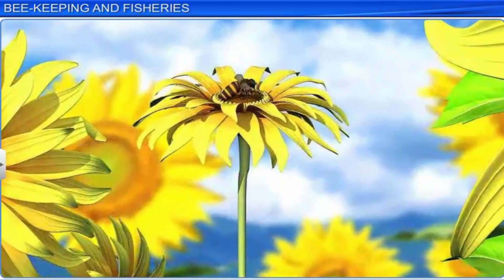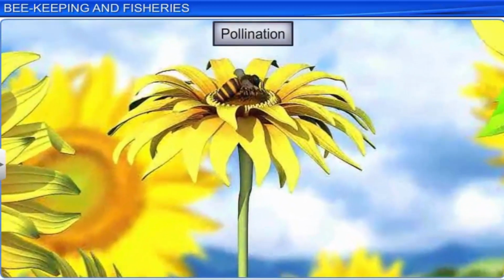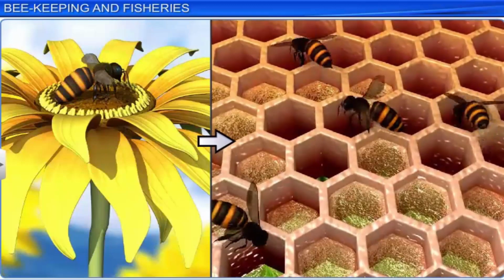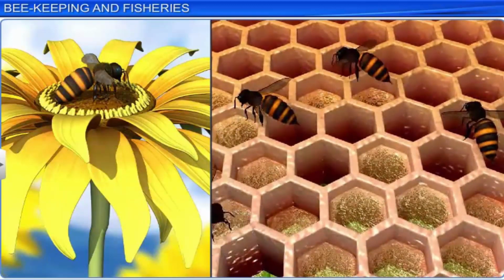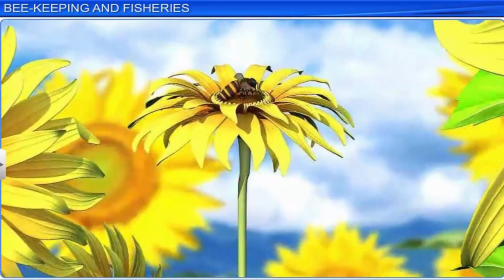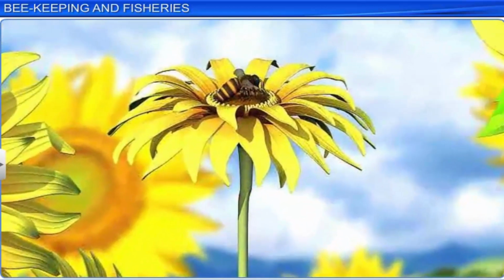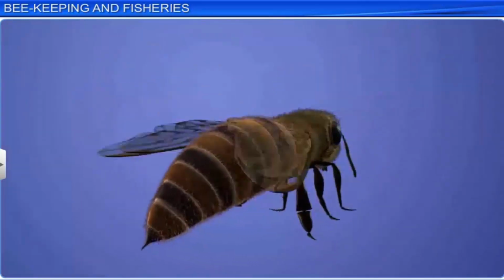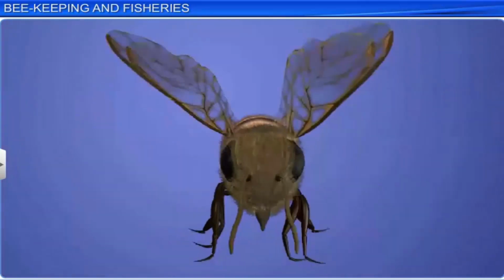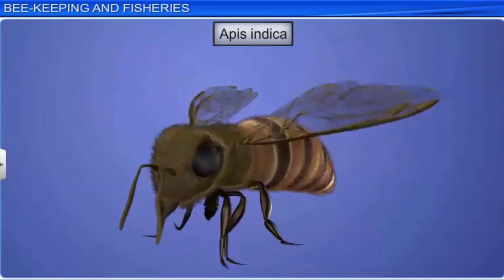Honeybees act as pollinators by helping crops like sunflower during flowering. In turn, they get nectar from the flowers. As a result, farmers get a high yield in terms of crops as well as honey. The most commonly reared honeybee species is Apis indica, also called the Indian bee.